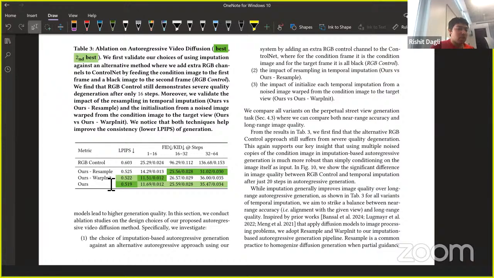So they show that. I'm a bit confused about how minus resampling gets good results on a large number of frames, like 16 to 32 and 32 to 64 frames. I guess that's a bit puzzling, which is why I thought this was an interesting table.